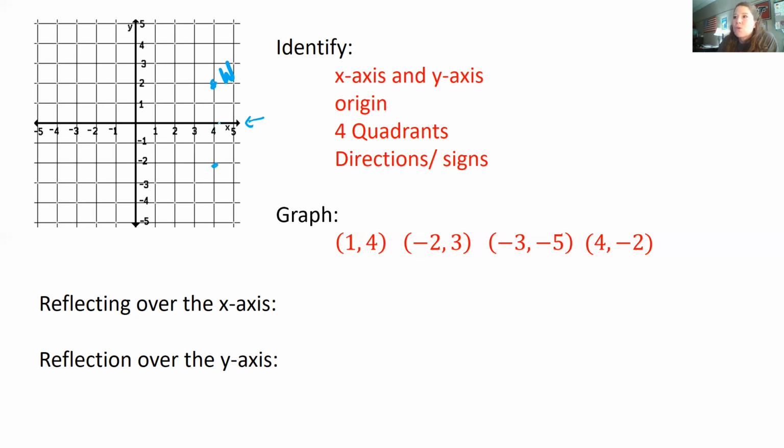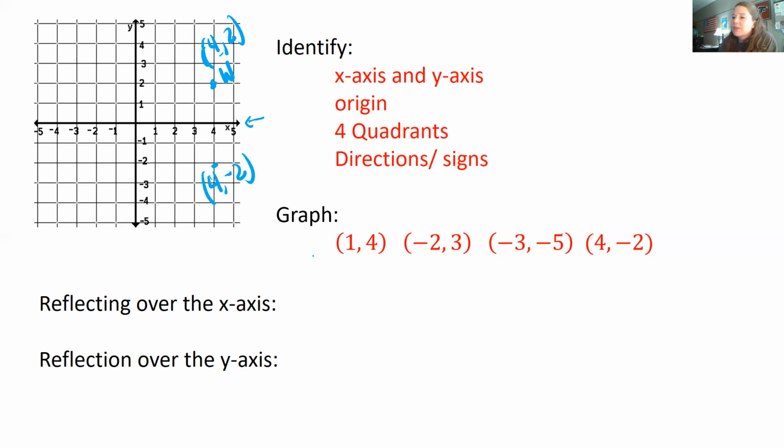So my original coordinate for W was 4, 2, right? And when I reflect over the x-axis, that first x value stays the same because I'm still going right 4 on the x-axis, but then I go down 2. So now the reflection of W is at 4, -2.